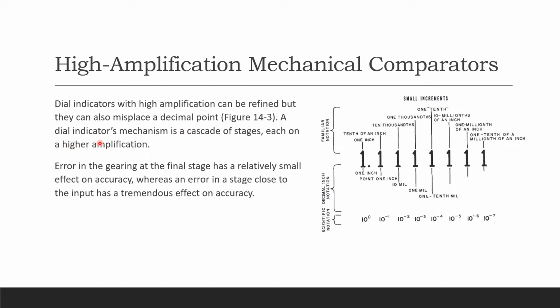A dial indicator mechanism is a cascade of stages, each at a higher amplification. So an error in the gearing at the final stage has a relatively small effect on accuracy, whereas an error in a stage close to the input has a tremendous effect on the accuracy.